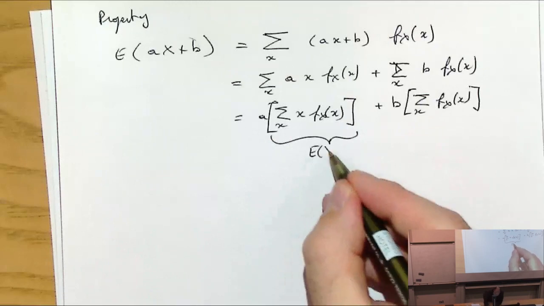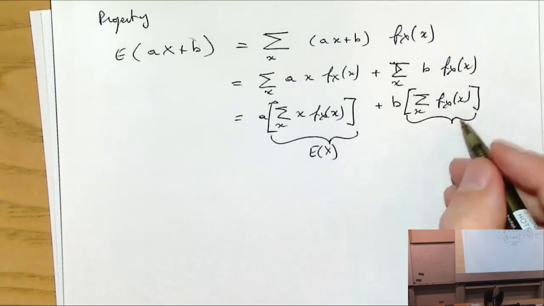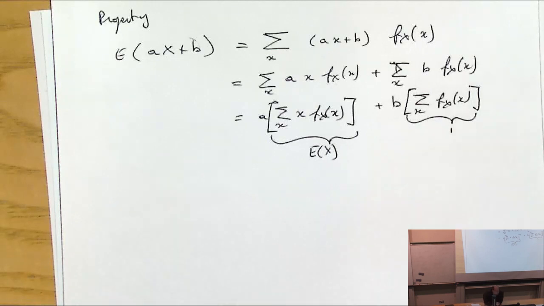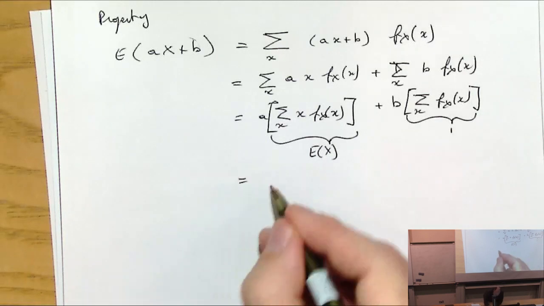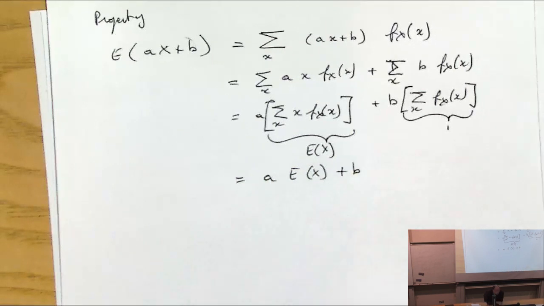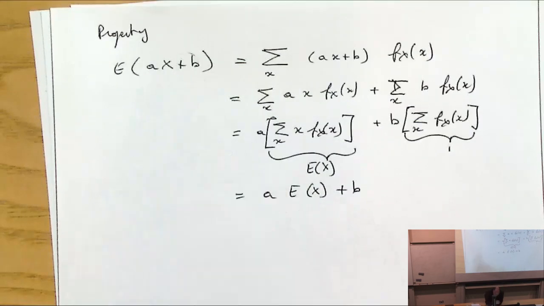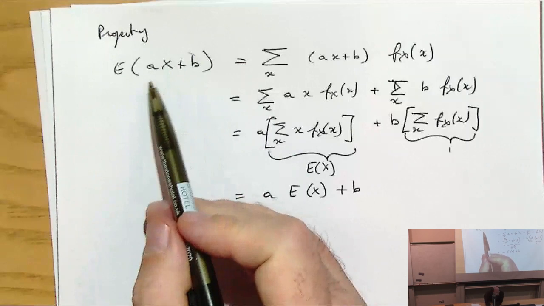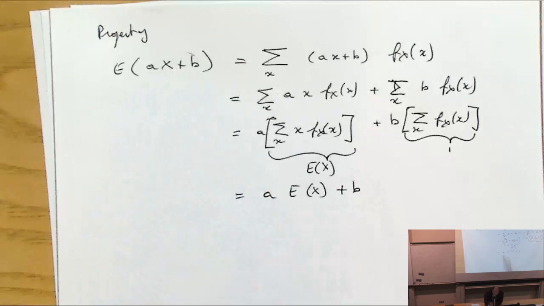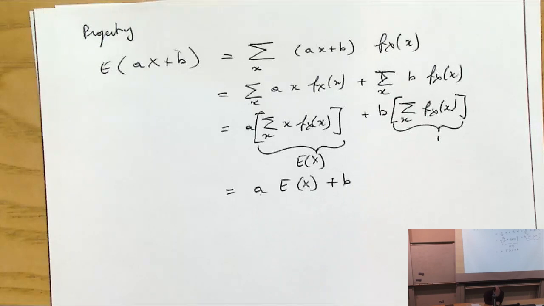That's the expectation of X. What is this quantity? This is 1. I sum over all the range of this random variable, right? So this is A multiplied by the expectation of X plus B. Okay? So if you have a linear relationship over a certain random variable X, the expectation will still be a linear relationship. It will be A multiplied by the expectation of X plus B.